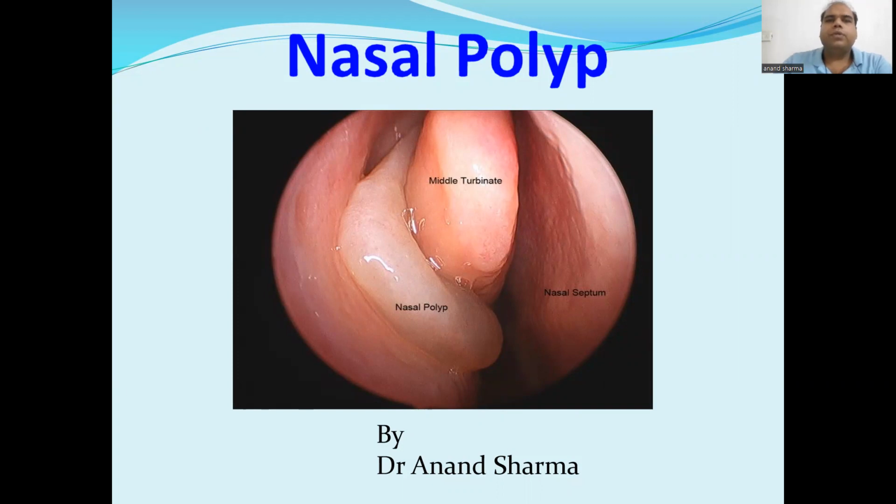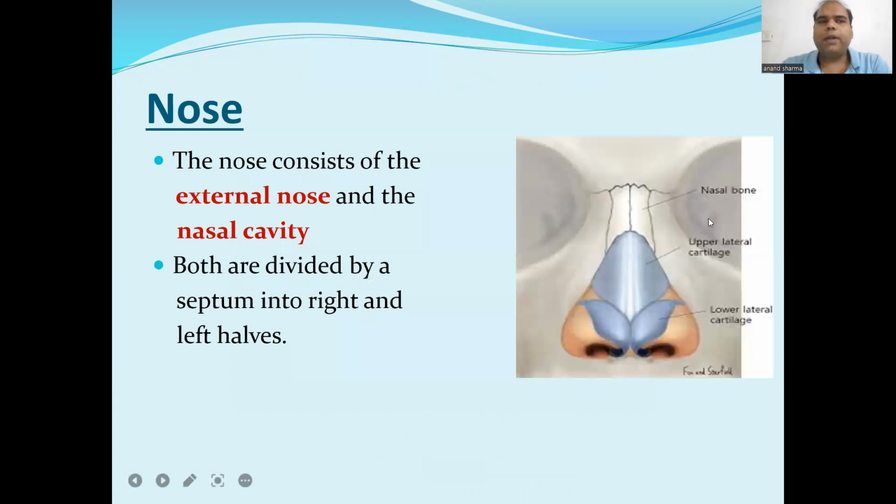So, nasal anatomy consists of two parts: external nose and nasal cavity proper. External nose is formed partially by bone, partially by cartilage.